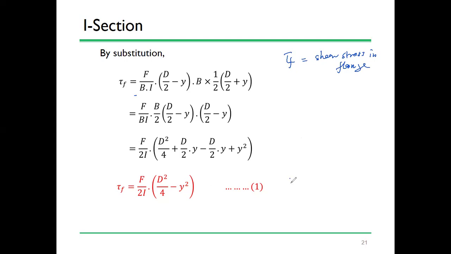And when you simplify, you get F over 2I, D square over 4 minus Y square. Note that this one is for the I section, which is valid for the flange only.